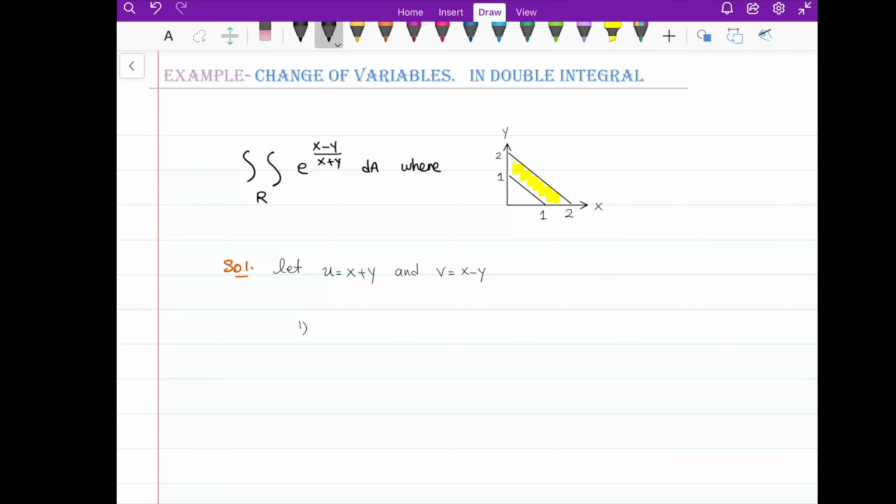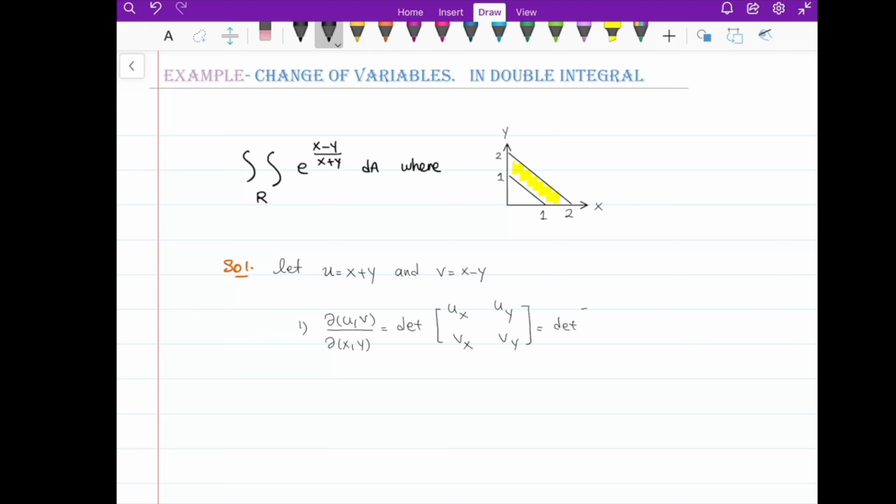Okay, so I'm gonna find the Jacobian of these two to just transform dA, which is dx dy, into du dv. I'm gonna say the Jacobian of u, v with respect to x and y would be the determinant of the matrix: u with respect to x, u with respect to y, v with respect to x, v with respect to y.